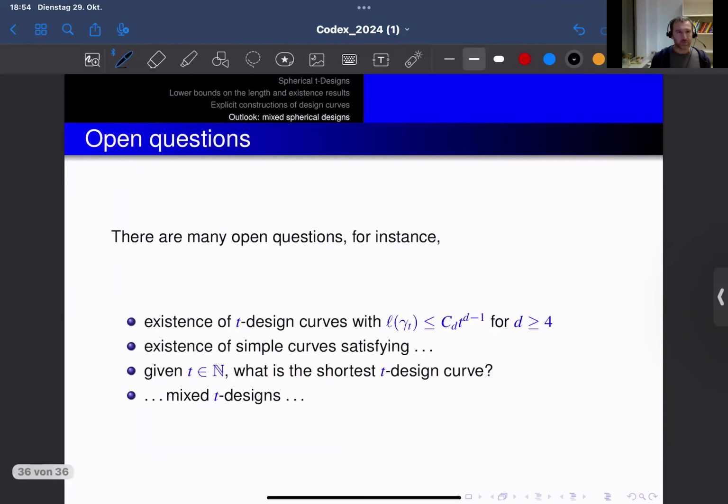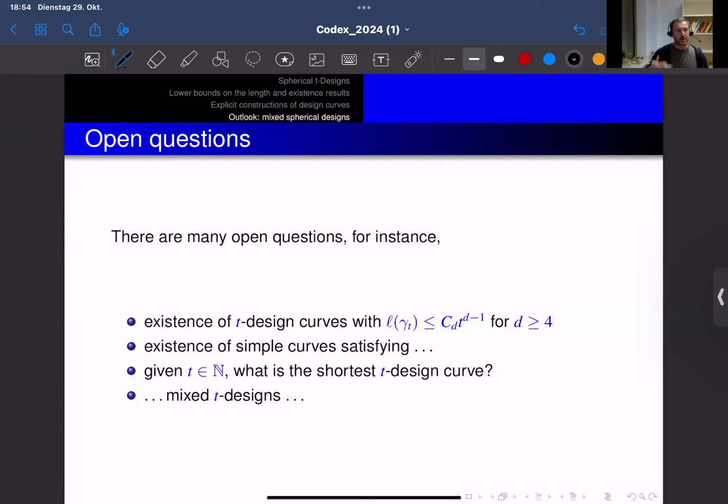And this is, I promise, the last slide, because there are many open questions. One of the obvious ones is, of course, what about the existence of t-design curves whose length is of the order constant times t to the d-1, but now for d at least 4 or bigger? Then we could ask, what about simple curves satisfying t-design properties, and so on?